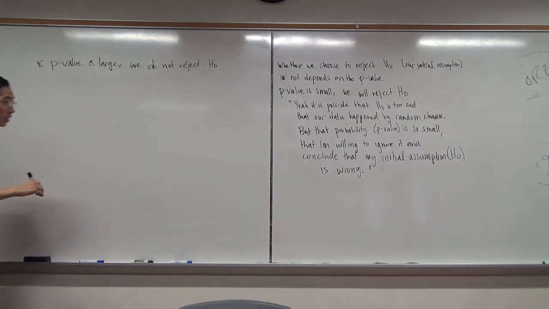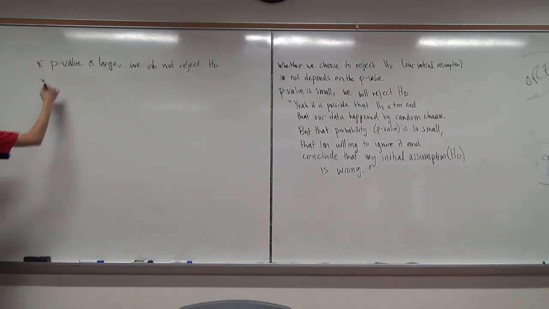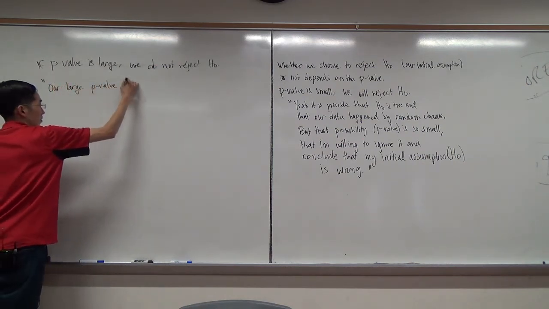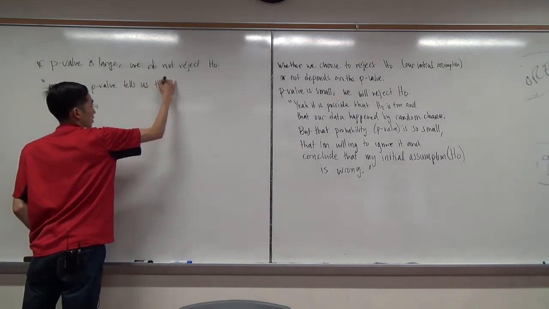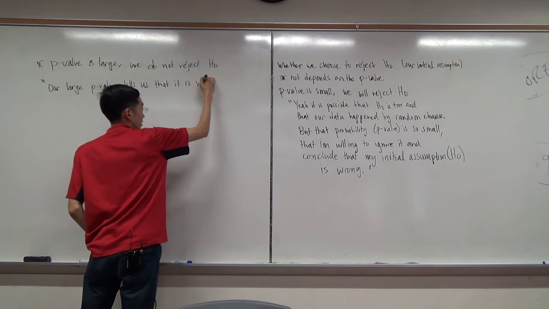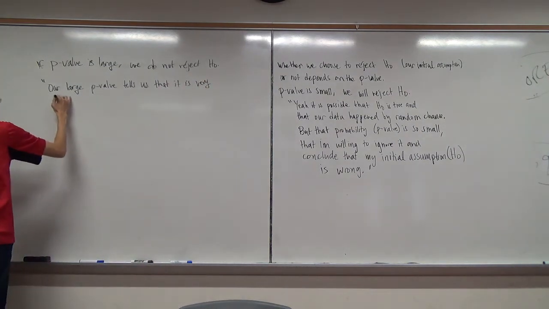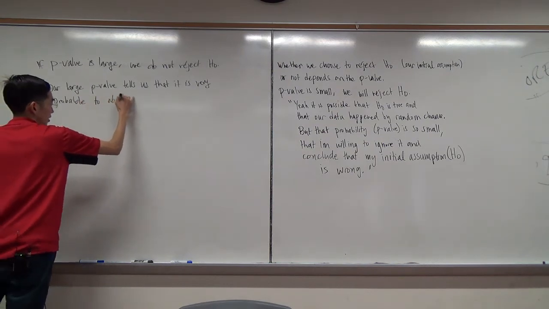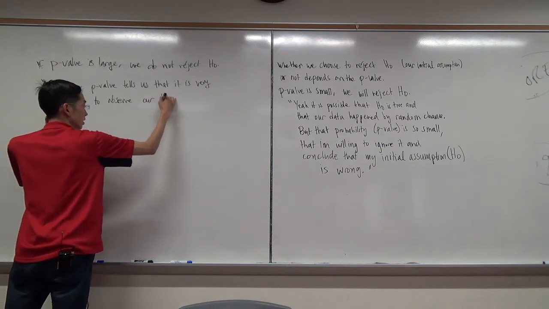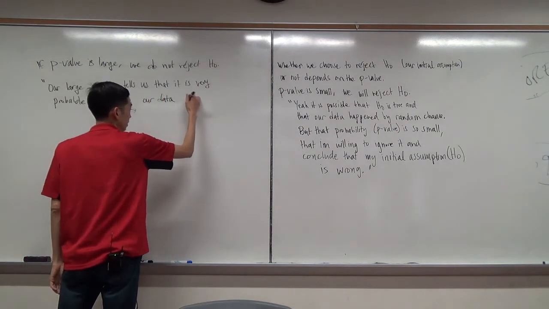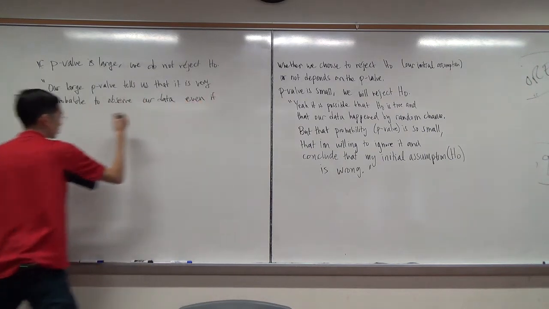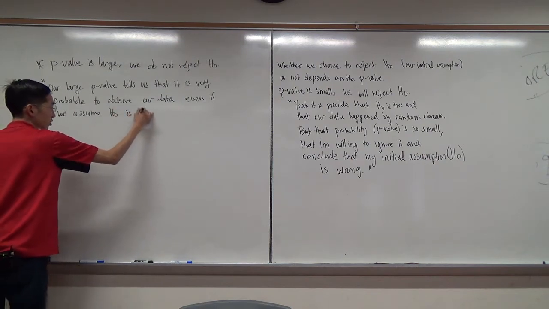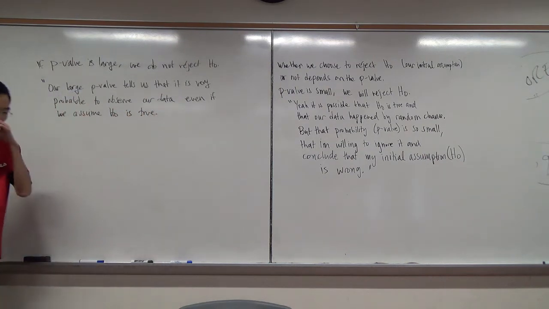Okay, and we would say something like our large p-value tells us that it is very possible or probable to observe our data even if we assume that the null hypothesis is true. Okay?